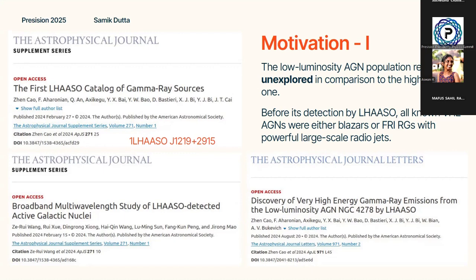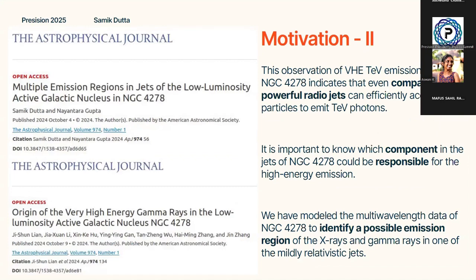Since the publication of the LHAASO catalog, we have seen a lot of work done on this source. A group led by Wang has done a study of 5 such sources detected by LHAASO, and then there is a deeper dive by the LHAASO team themselves, published in August of last year, on NGC 4278 alone. What this discovery shows is that our previous understanding was that you need very large scale radio jets, sources like Cygnus A, which have hundreds of kiloparsecs of radio scale jets.